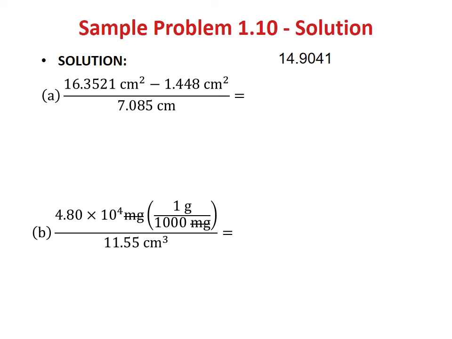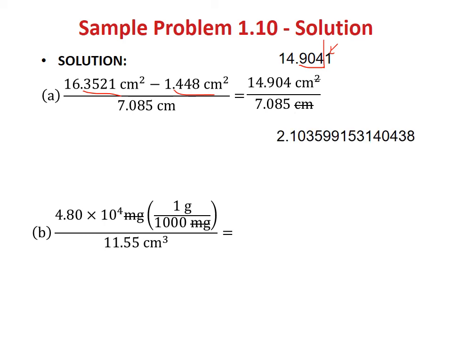So the first number has 4 decimals, the second number has 3, and therefore the answer should also have 3 decimals. So it should go to this number 4, and therefore we need to remove 1, and the answer is 14.904 divided by 7.085.